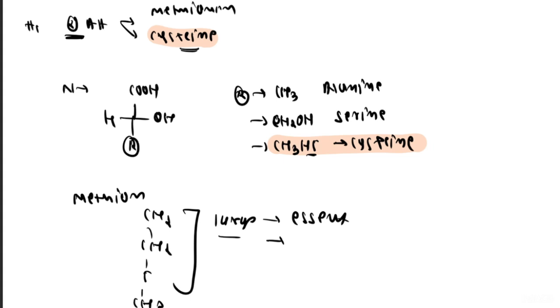It cannot be synthesized in the body because it has a large structure, just for remembering. Cysteine has CH2SH, and cysteine can be synthesized in the body, so it is non-essential.